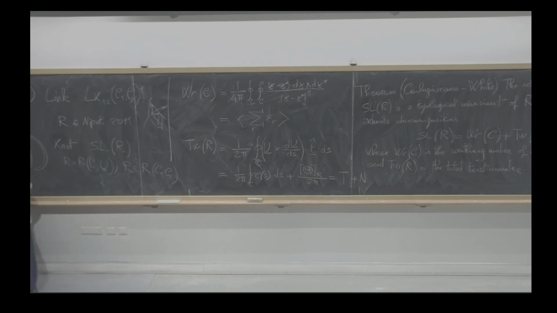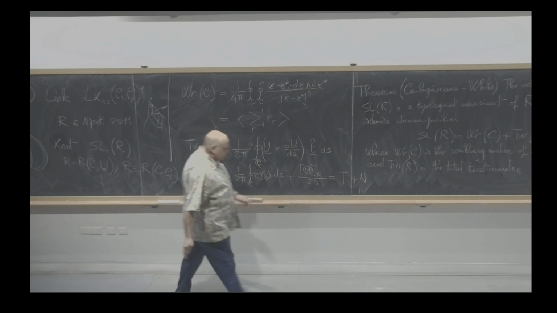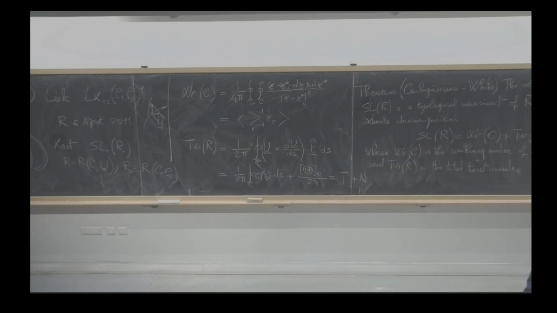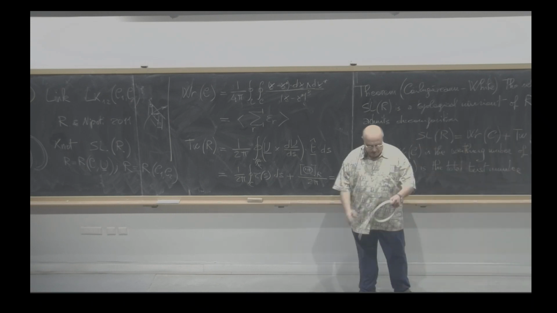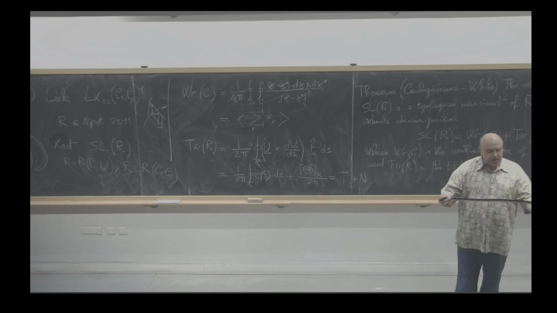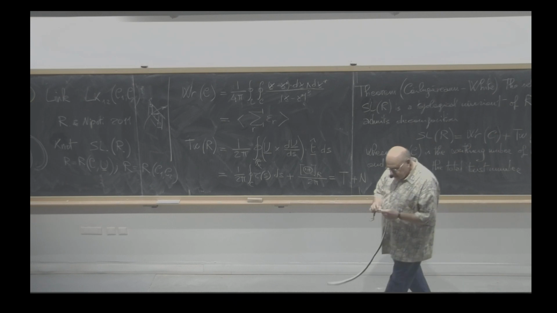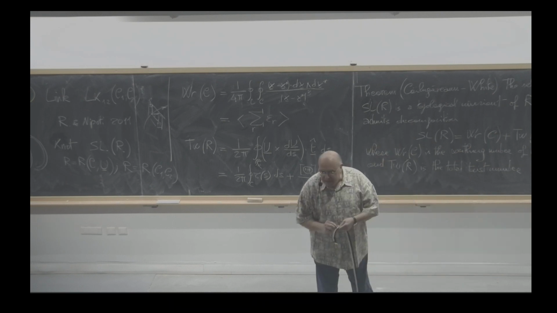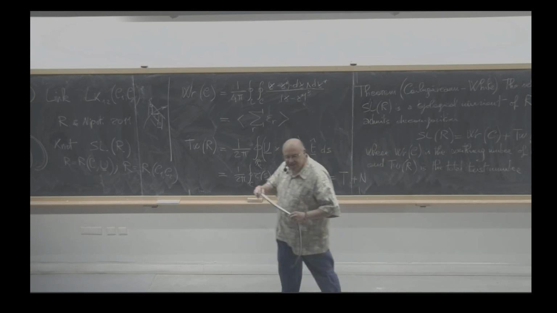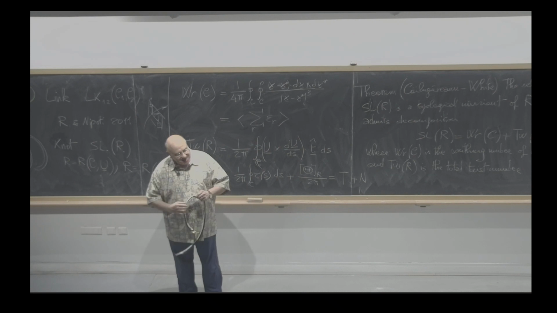In order to understand the writhe, I like to show you a physical model for that. This second term here. Here's my ribbon. It's very hard to buy a black and white one, so I had to work on it in order to emphasize the two regions.